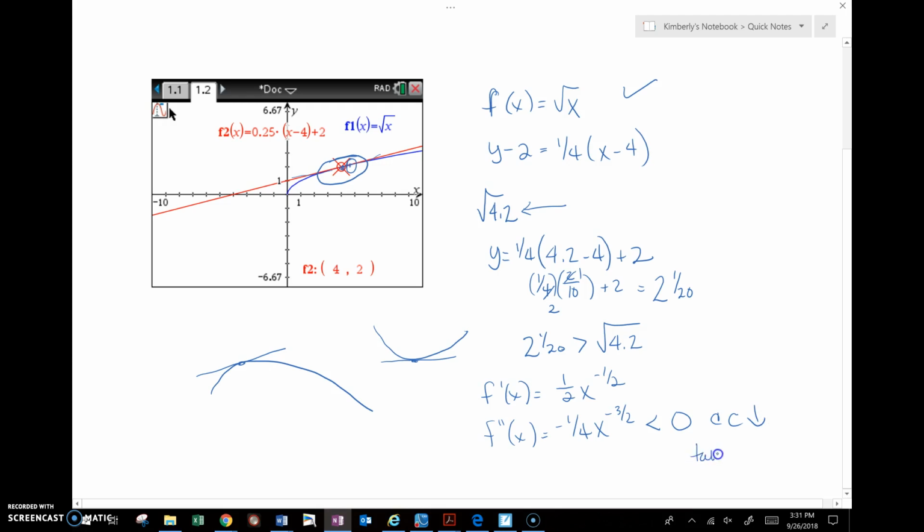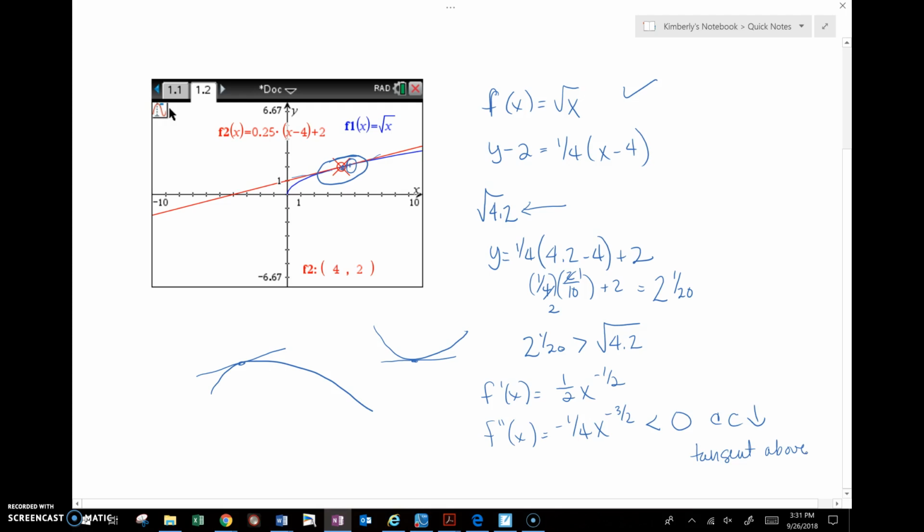Therefore, the tangent line is above. And if the tangent line is above, the approximation is greater than the actual value. If the tangent line is below, the approximation is less than the actual value. So that's how to do a tangent line approximation to a curve.